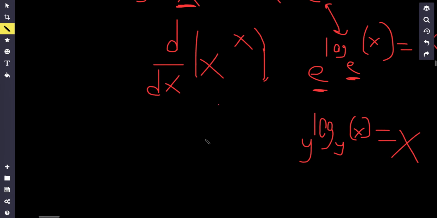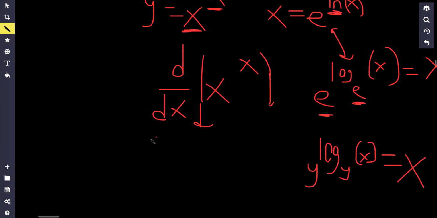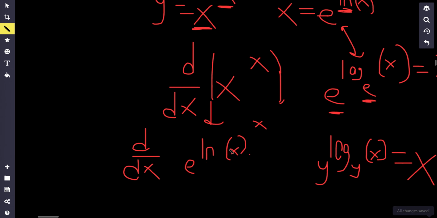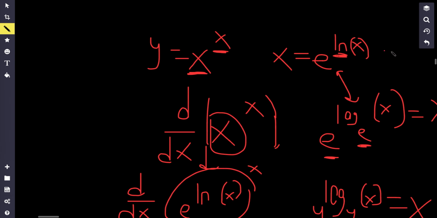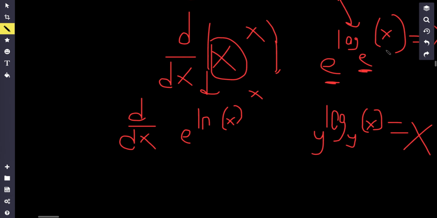So I'm gonna just do that right over here. I'll just write this function. This is the derivative of e to the ln of x raised to the x power, right? All I did was put this x right over here as e to the ln of x, because I know that these two things are equal to each other, as we stated above.